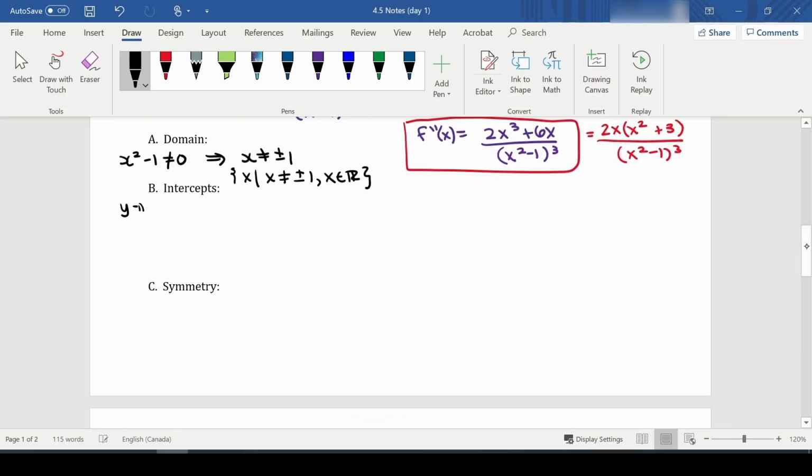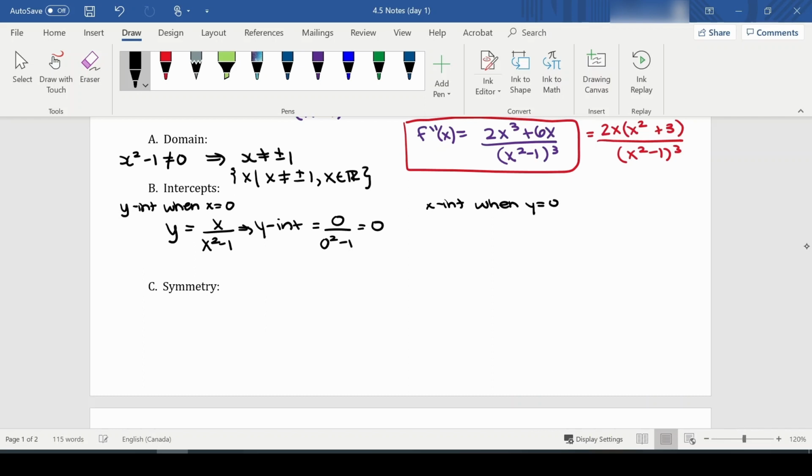Intercepts, reminder that your y-intercept happens when x is 0. So if y is equal to x over x squared minus 1, your y-intercept will happen at 0 over 0 squared minus 1, which is 0. So your y-intercept is 0. A reminder that your x-intercept happens when y is 0. So you'd have 0 equals x over x squared minus 1, or 0 equals x.